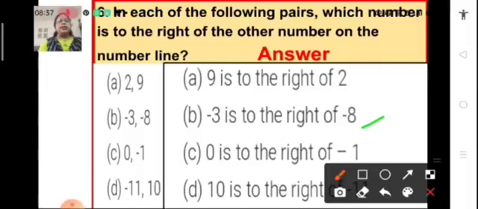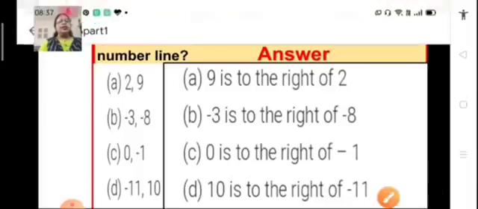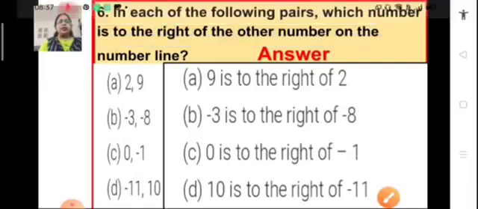So negative 3 is greater than negative 8, and so it is to the right of negative 8. C, 0 and negative 1. 0 is greater than negative 1. Then D, negative 11, positive 10. So positive 10 is greater than negative 11, and so it is to the right of negative 11.